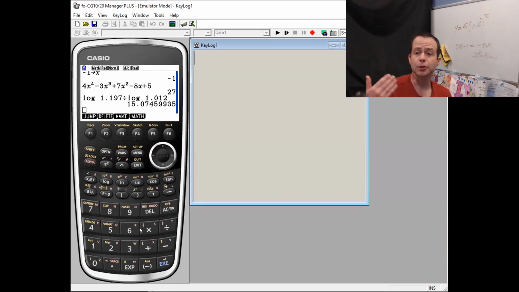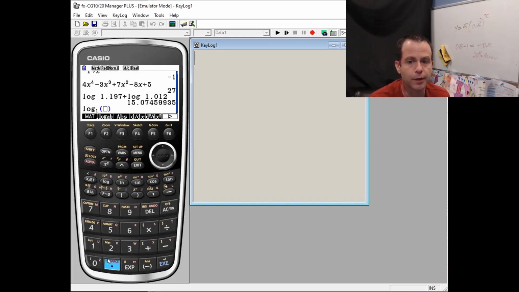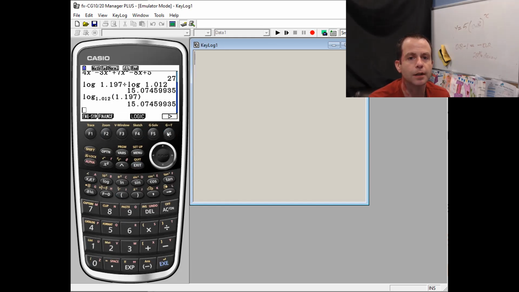Now, if you have a special button, if you have a newer Casio, you can just press math and press log AB, and you can type it in that way, 1.012 and bracket, and 1.197. If you have a white Casio, you can get to the same thing by pressing option and then going to more options, calc, more options, and then there's F4, the log AB.